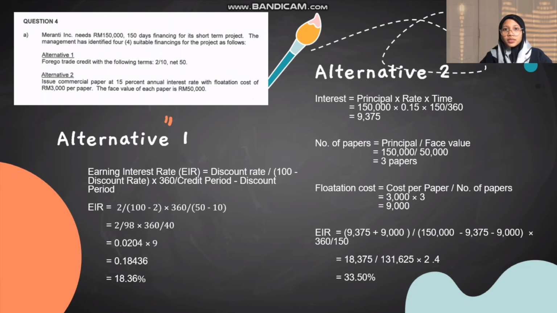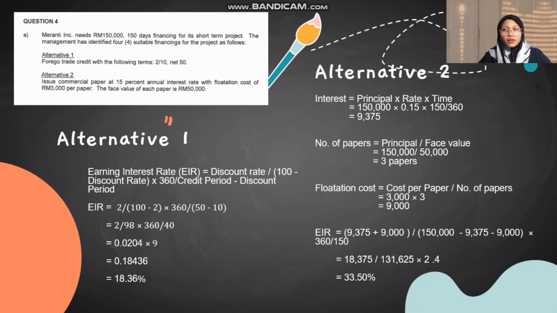So we're going to look first at the interest. We calculate interest first, which is principal multiply with rate and multiply with time. So I get 9,375 ringgit. The number of papers is principal divided by face value, and I get 3 papers, and the flotation cost is cost per paper divided by number of papers, and I get 9,000 ringgit.